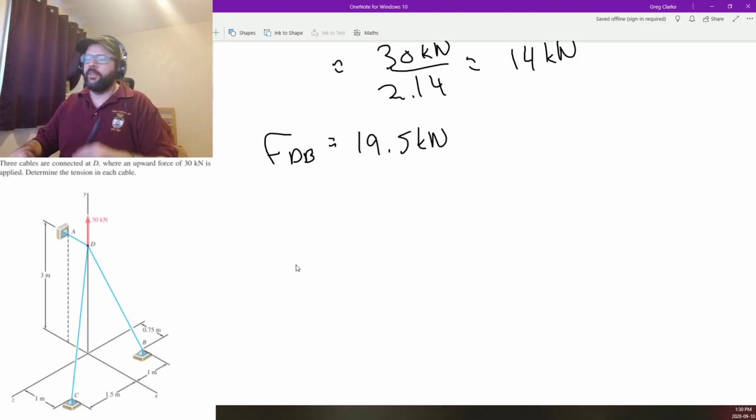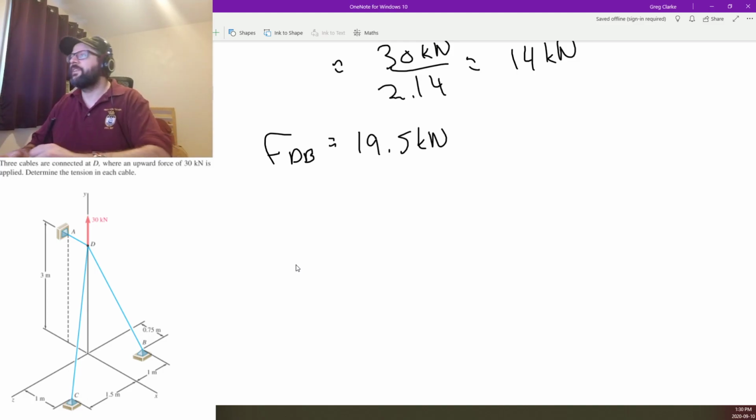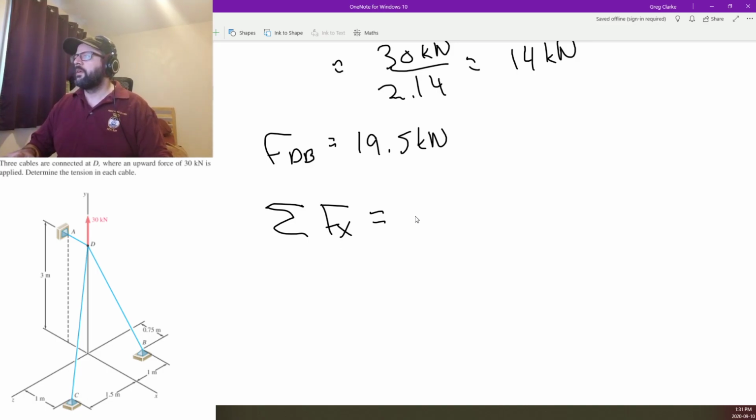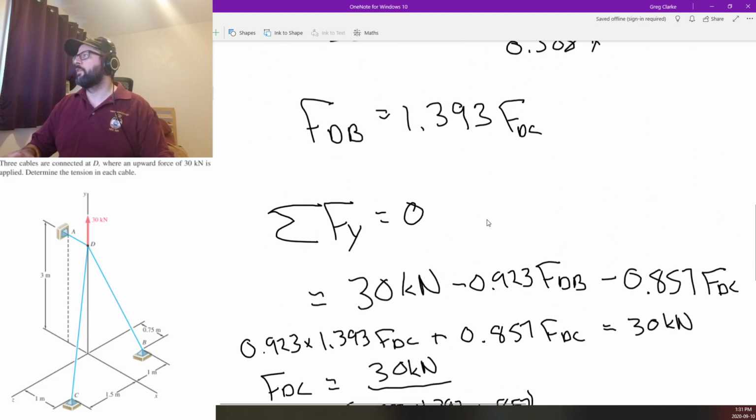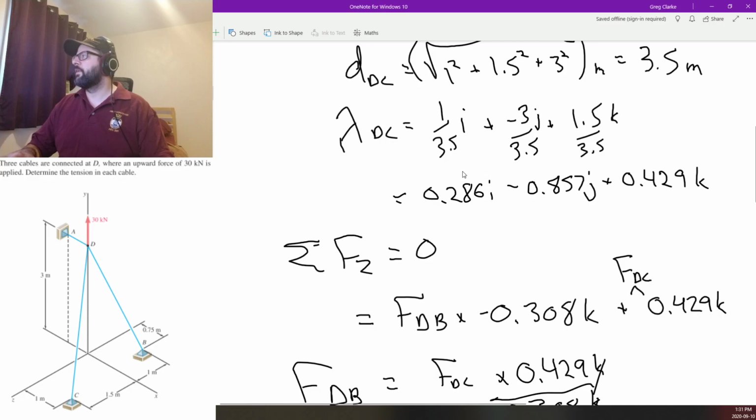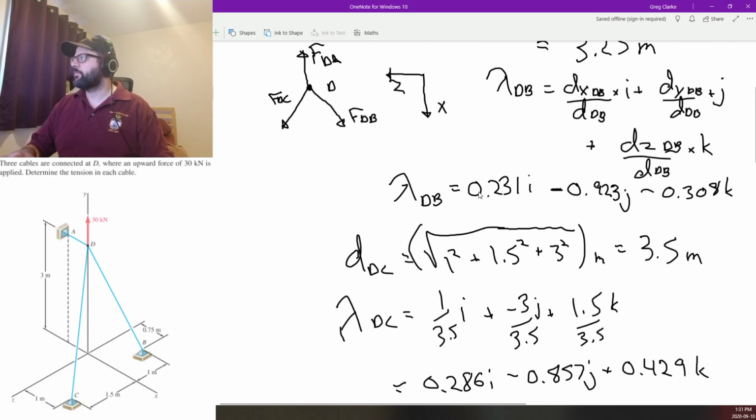So the way we do that is take the sum of the forces in the direction we haven't yet. The only one we're missing is the sum of the forces in the x direction. So that one is just going to be our forces here times the i component of their unit vectors.